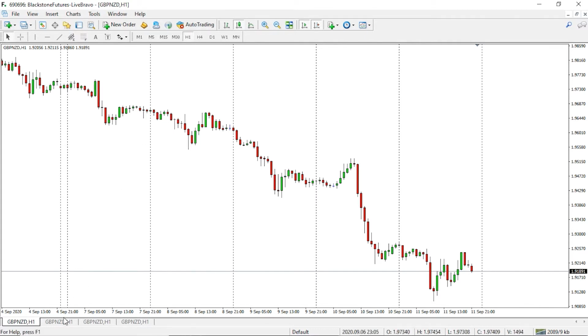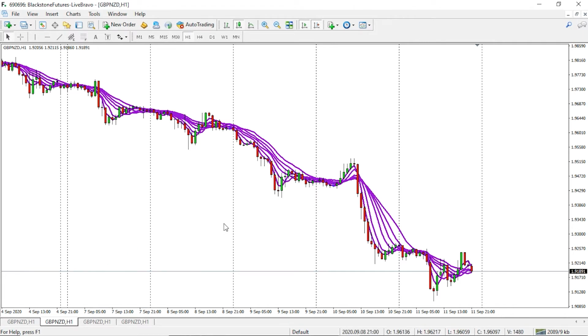Okay, so the first one here, you can see an array of moving averages on the 15-minute chart, guys. These are all simple moving averages. First one being a moving average, a 3, a 5, an 8, a 10, a 12, and a 15.